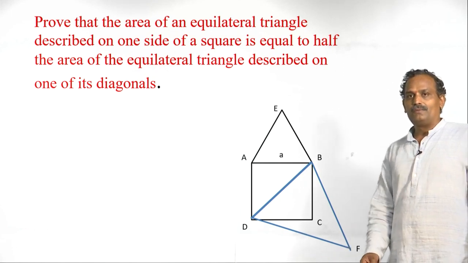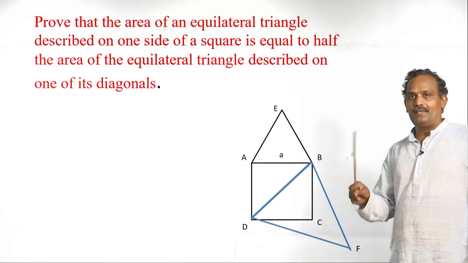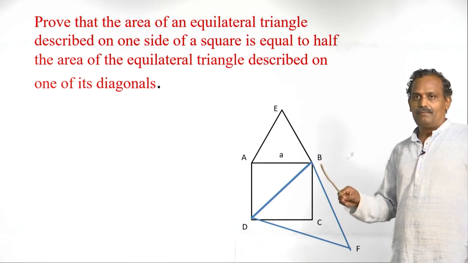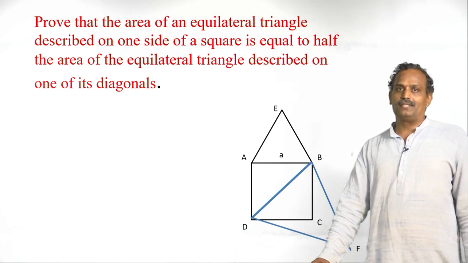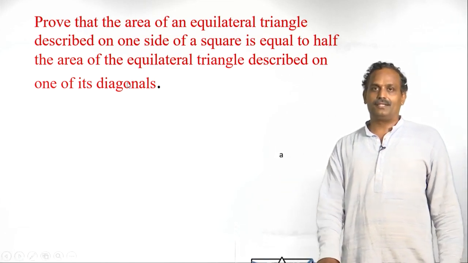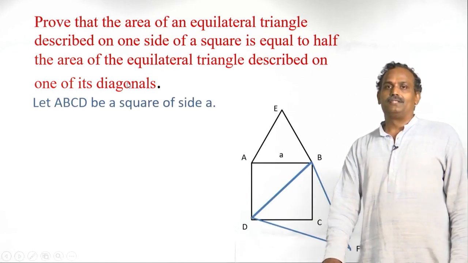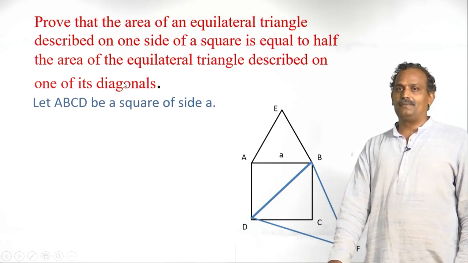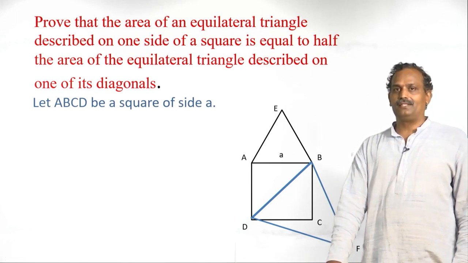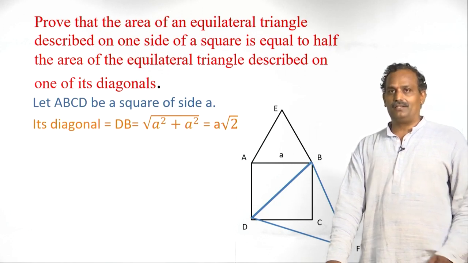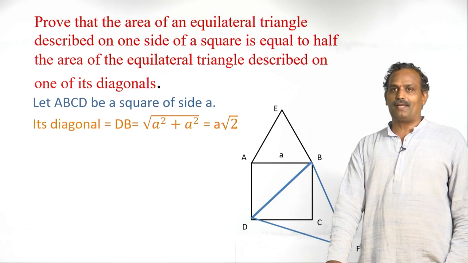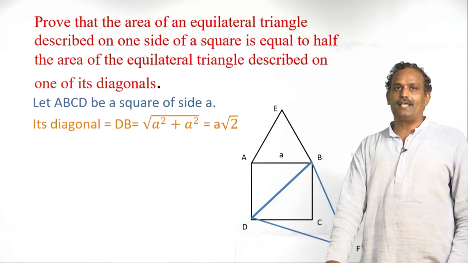Now from this we can tell that AEB and BDF, those two triangles, are similar. Now let us see. Let ABCD be a square of side a. Its diagonal DB is equal to root of a square plus a square, which is nothing but a root 2.